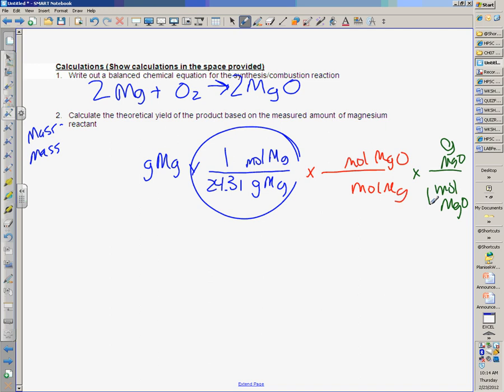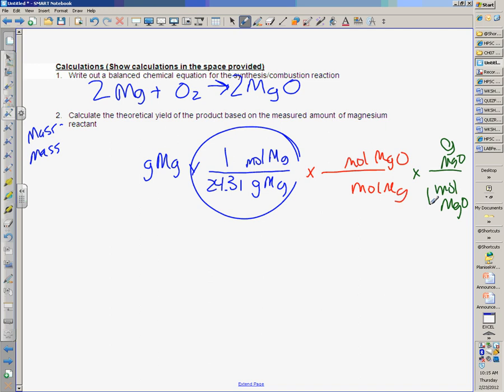First, change the mass you were given into moles. That's the blue conversion factor. Then go moles to moles from the balanced equation. That's the red one, our mole ratio. And then the green one converts the moles of the new substance into grams of that new substance. With the mole ratio, that's the only time you're worried about the coefficients.